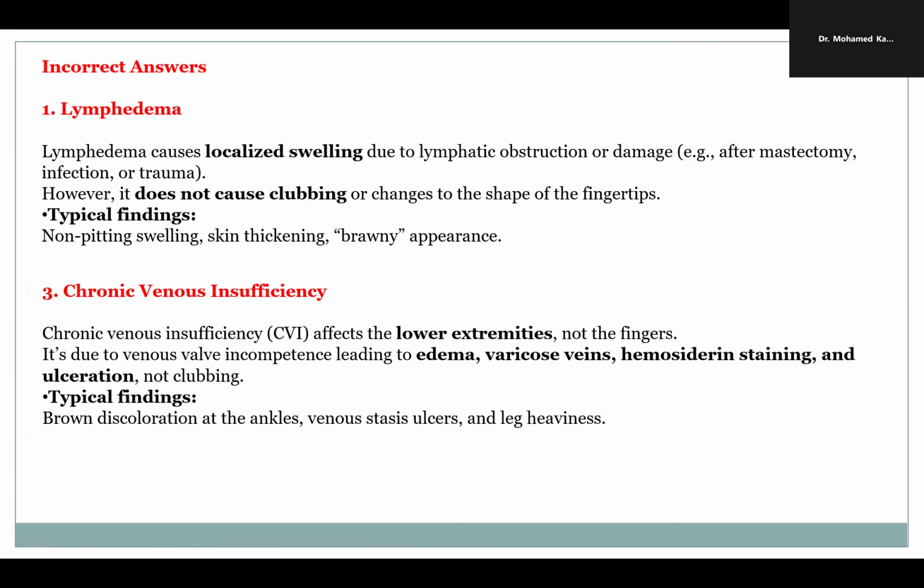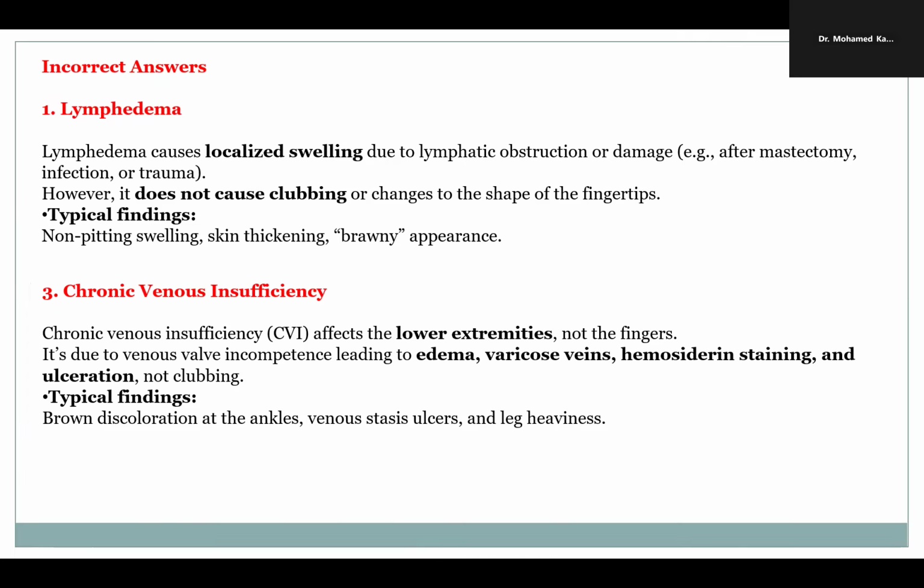Let's look at the incorrect answers. Lymphedema is a chronic, non-curable condition, associated with localized swelling due to lymphatic obstruction or damage. And usually lymphedema happens after mastectomy, infection, or trauma.